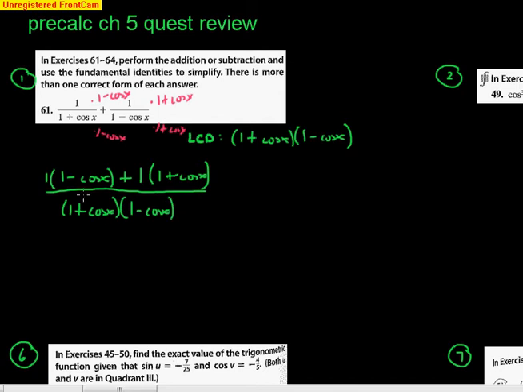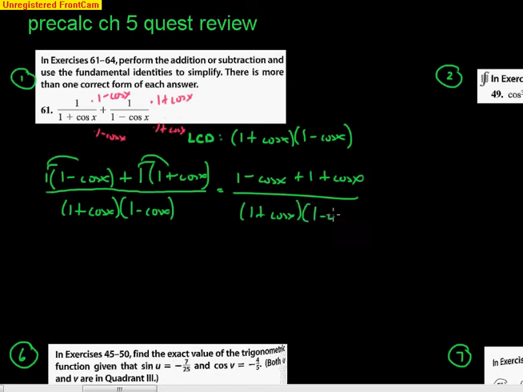Again, I want to see if things will cancel, so we need to simplify this top. If you distribute the 1s, it doesn't change anything. So it's 1 minus cosine x plus 1 plus cosine x, all over 1 plus cosine x, 1 minus cosine x. In the top, the cosines cancel, and I get 1 plus 1, which is 2.